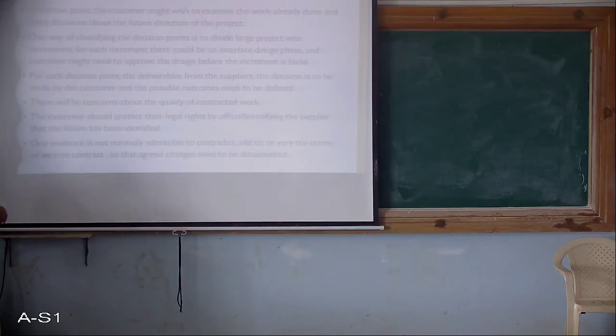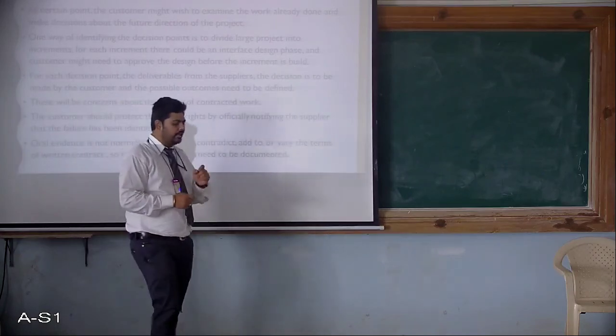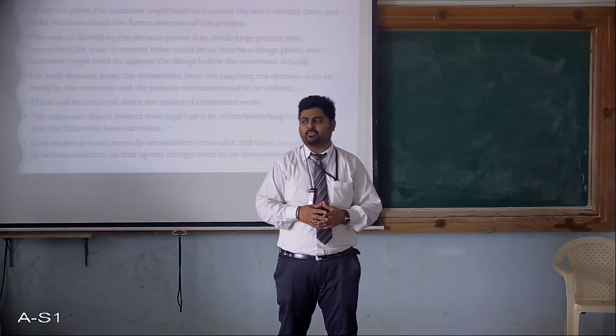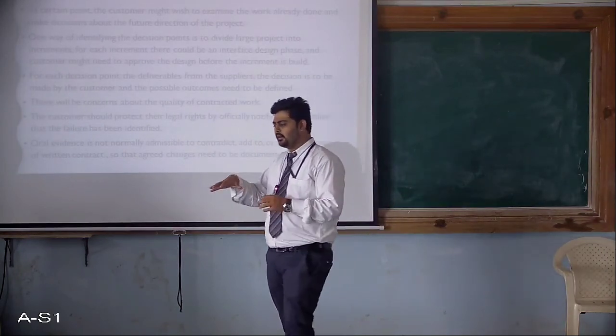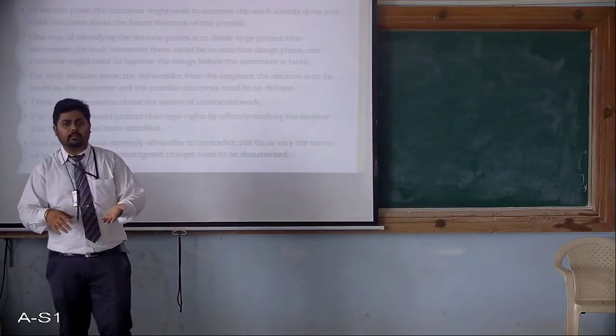Then the customer should protect their legal rights by officially notifying the supplier that a failure has been identified. So here, in case of increments, suppose the customer has found a failure or some mistake, he has to intimate the supplier well in advance. For example, he wanted that particular kitchen or hall in some other format, but he doesn't intimate the builder, the civil engineer or the contractor well in advance.